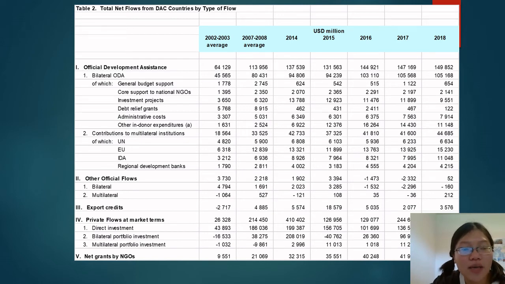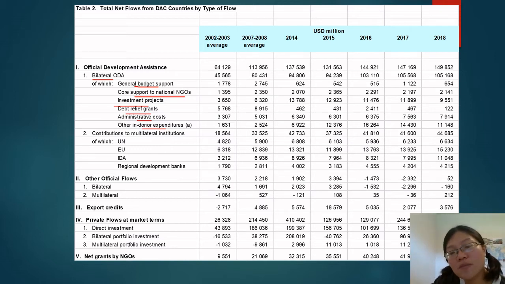You can see that there are different types of bilateral aid. Bilateral simply means countries directly to countries, for example, the United States directly to Afghanistan. In bilateral official development assistance, you have general budget support, core support to national NGOs, investment projects, debt relief grants, administrative costs, and other in-donor expenditures.